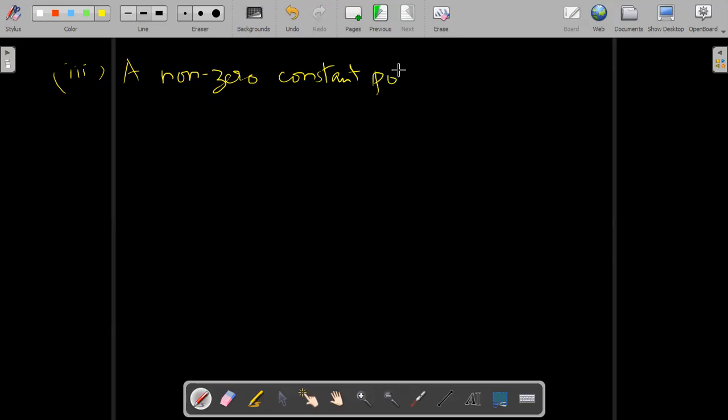A constant polynomial has no zero of the polynomial.